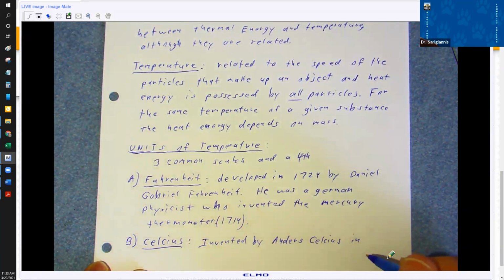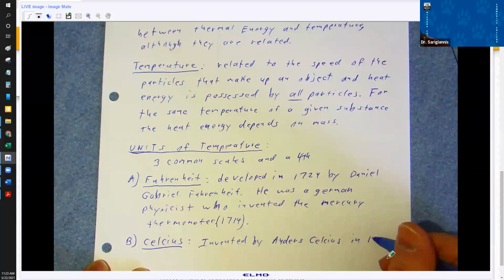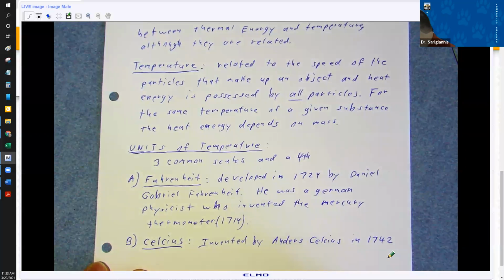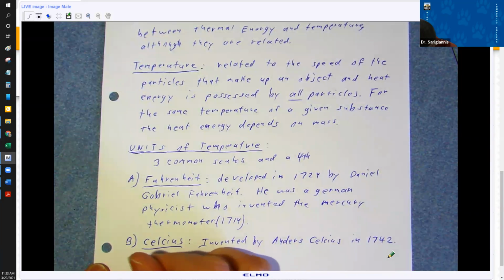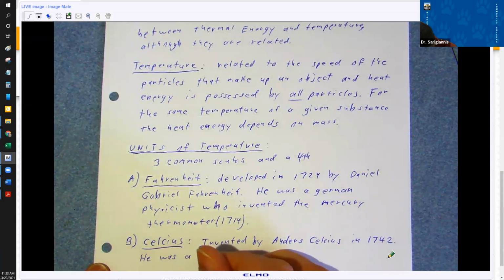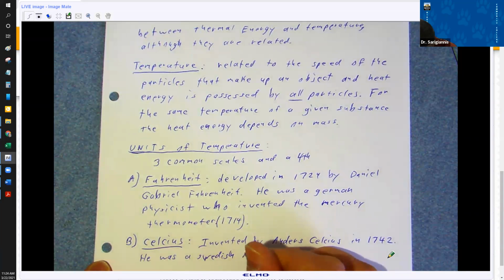In what year? 1742. So almost 20 years after the Fahrenheit scale. So he was a Swedish astronomer. Oh, Swedish. Not a Swedish chef, Swedish astronomer.